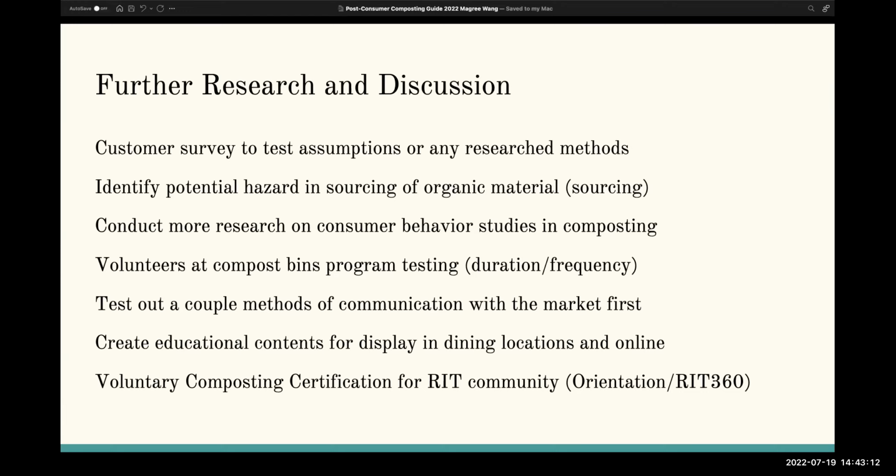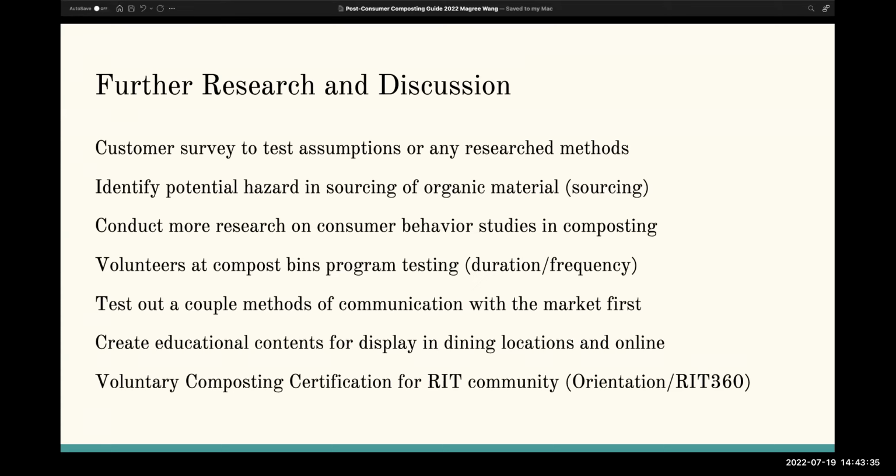I think that's very important since a lot of people are still confused about what is compostable. And since the different types of composting can involve different things, being able to tell whether something is okay to compost or not matters.